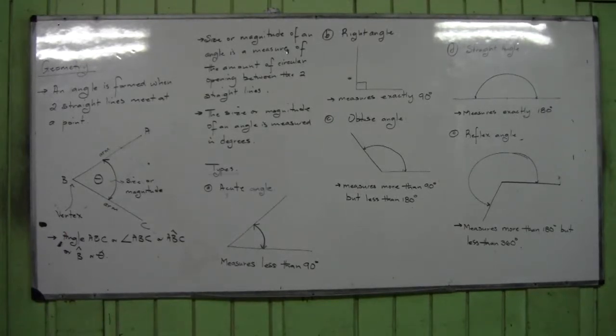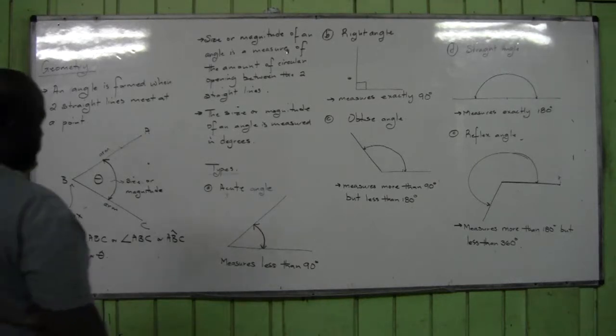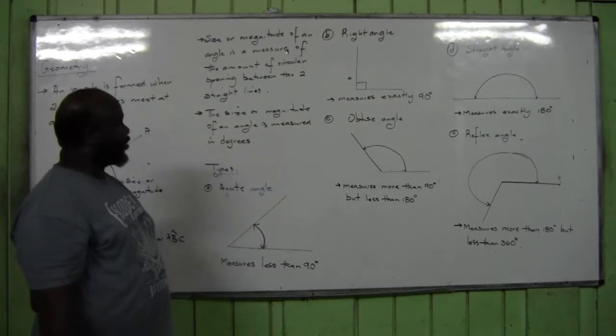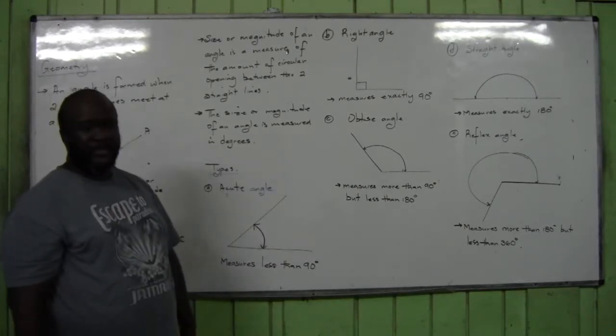Now an acute angle measures less than 90 degrees. So what does 90 degrees look like?